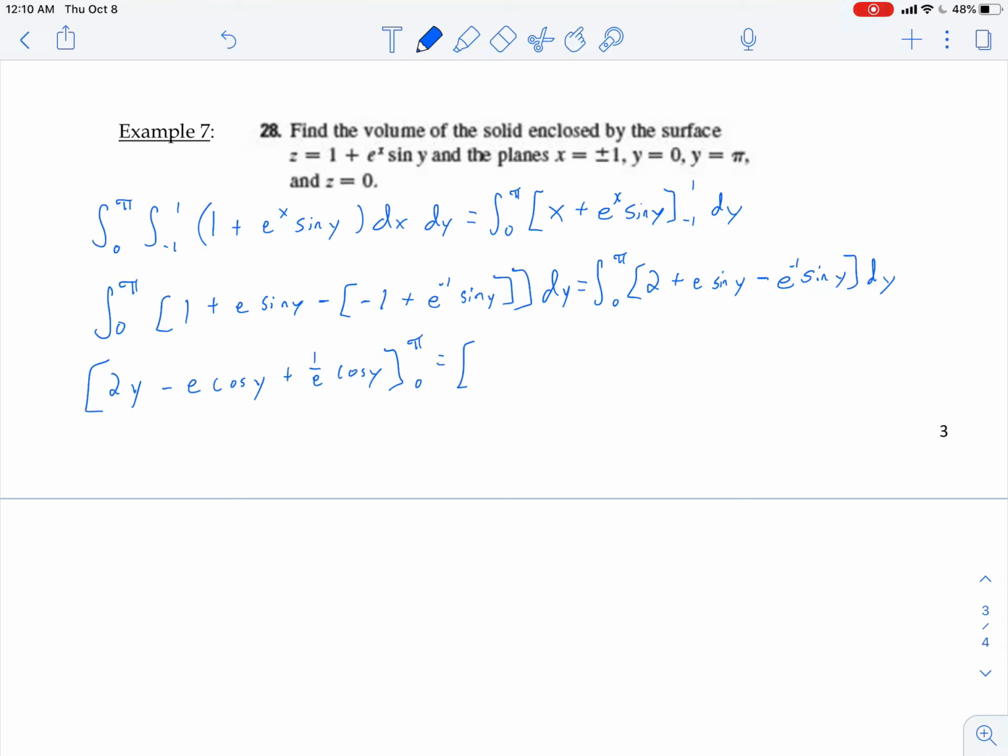Oh, yippee. I have trig functions, but I have a 0, so I've got to do 0, because I'm actually going to get values. So I have 2 pi minus e cosine pi plus 1 over e cosine pi, minus, and then plug in 0, 2 times 0, which is 0, minus e cosine 0 plus 1 over e cosine 0.